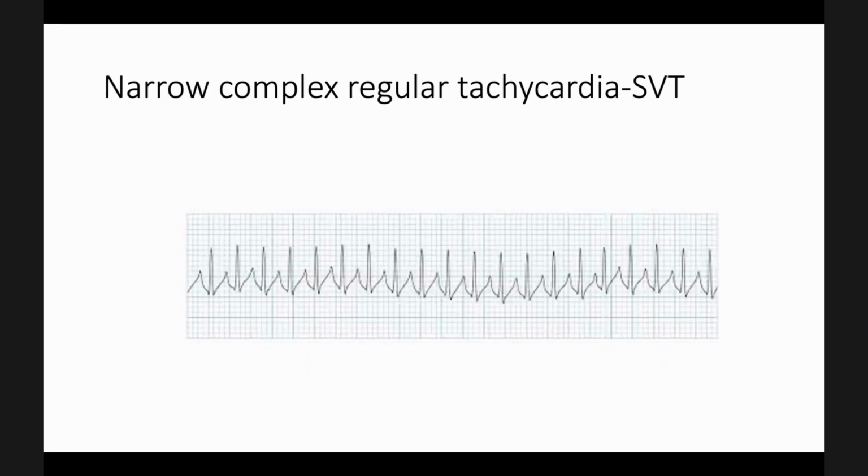Have you seen the carotid massage? Those are vagal maneuvers. Other than carotid massage, there are Valsalva and also eyeball pressure and immersion of the face in cold water. Those are not practical, but the carotid massage you can do.